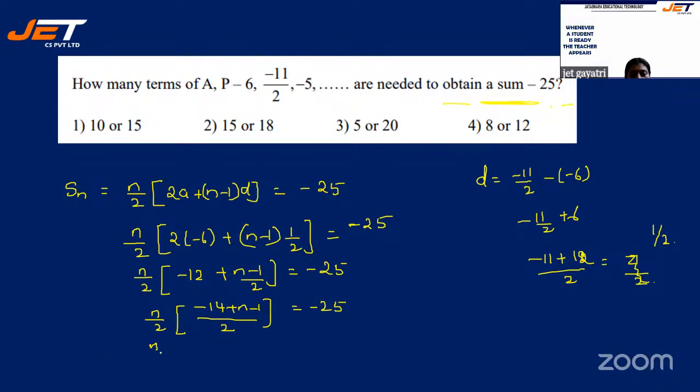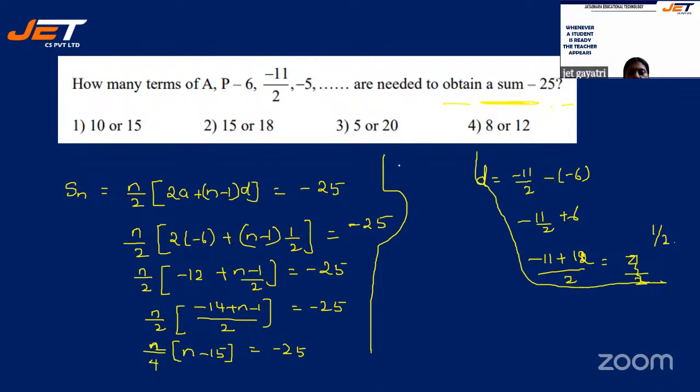Let's take 4 outside, so you will get n into n minus 25 is equal to minus 25 into 4. 4 goes to the other side.